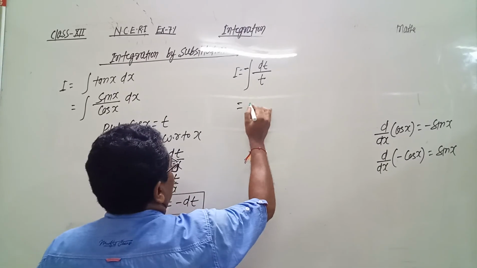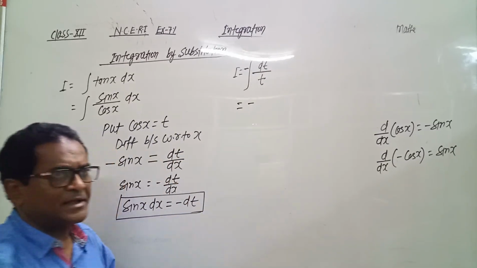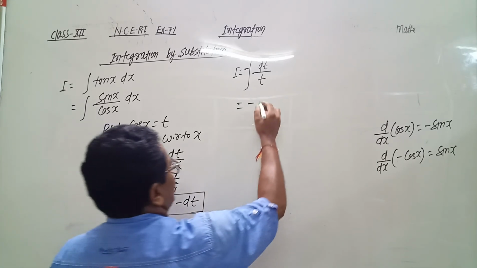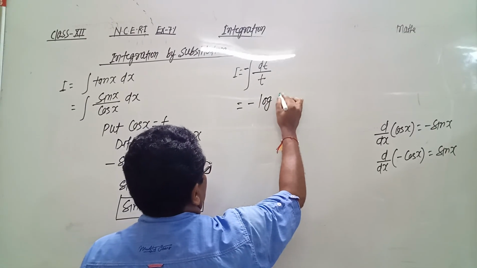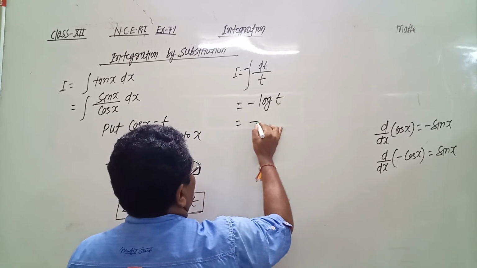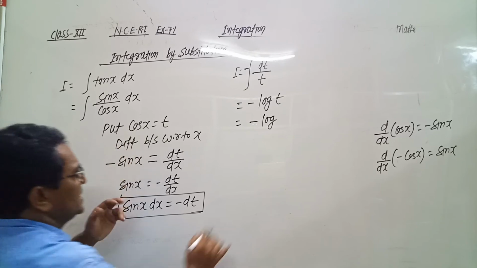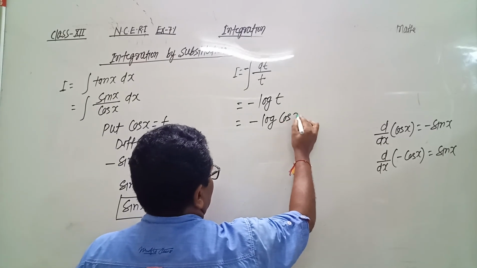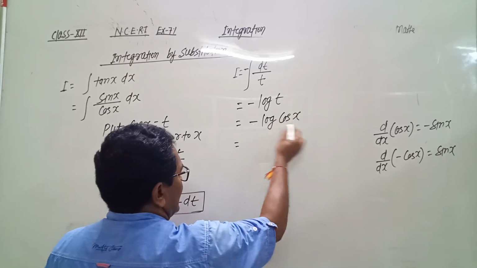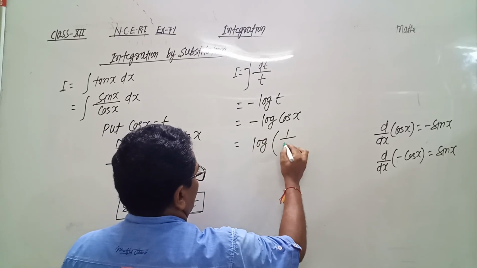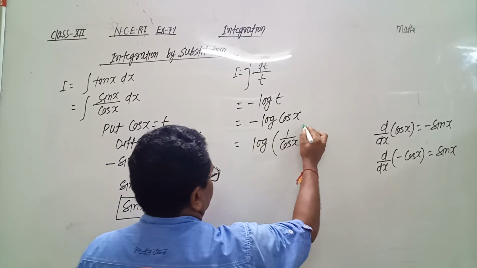So minus integration dt by t. Integration dx by x is log x. So integration dt by t is log t, and put the value of t. So minus log, the value of t is cos x. So minus log cos x, and minus log cos x is written as log of 1 by cos x.